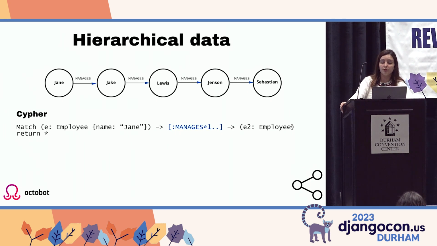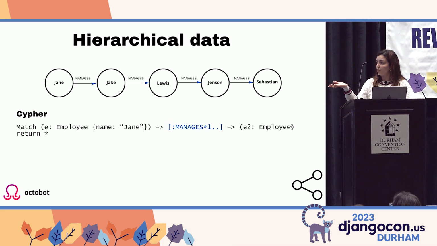So one powerful feature of Neo4j is the ability to query for paths of arbitrary length. This allows us to find connections between nodes that we don't know were there, or even without knowing the length of these connections.